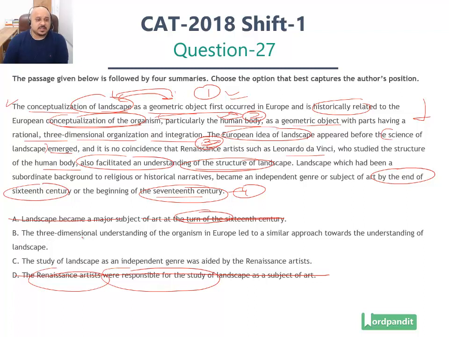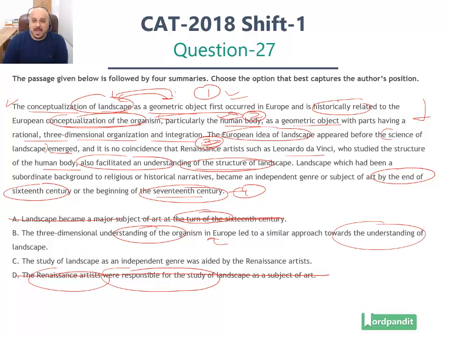Option number B, the three-dimensional understanding of the organism in Europe led to a similar approach towards the understanding of landscape. Now there are a couple of things which have happened in this particular answer option. One, there has been a causation implied, right? That the understanding of the organism led to a similar approach towards understanding of the landscape.